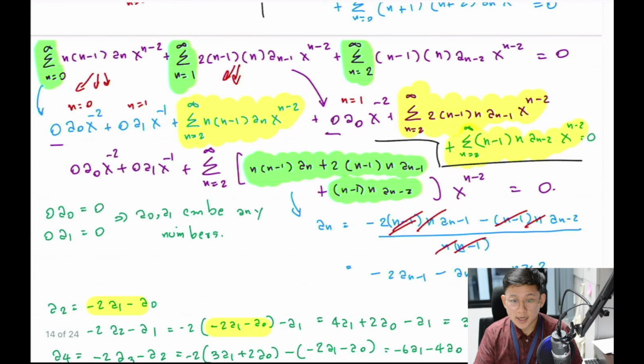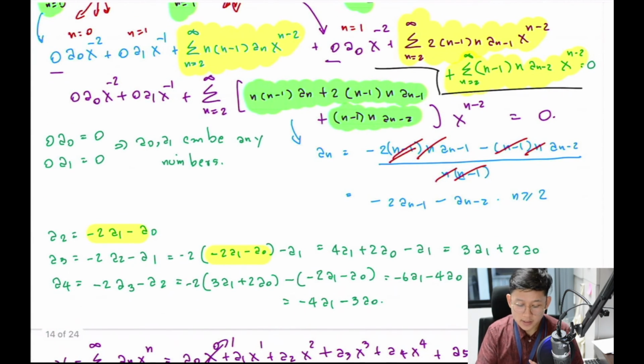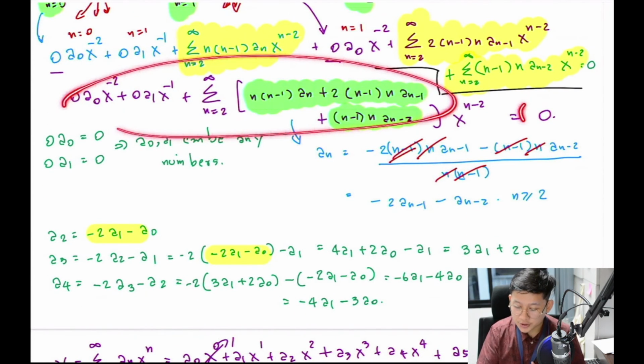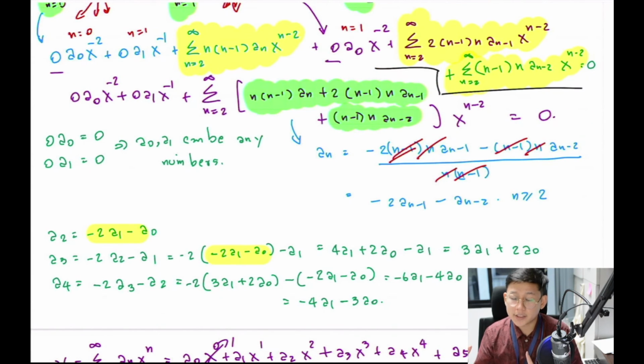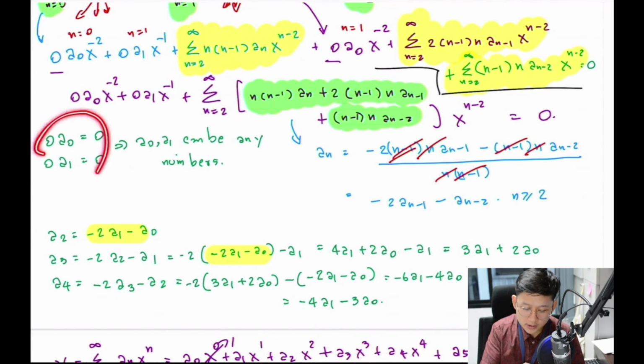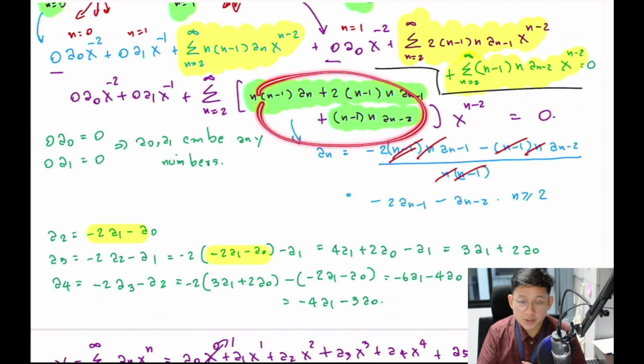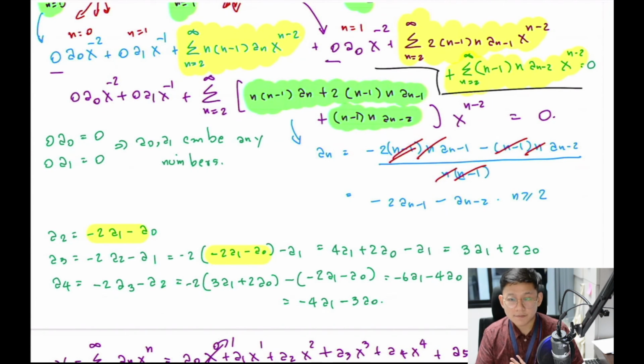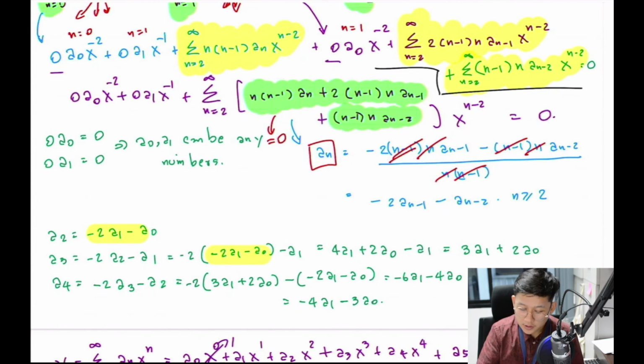After that, you just split the summation so that you have the same summations. Then you use the property that when this is 0, all the coefficients of x are 0, and you get that this is 0 and that is 0. When this is 0, it means that a0 and a1 can be any constants. When you have that this is 0, you can rearrange the terms to get the recurrence relation.